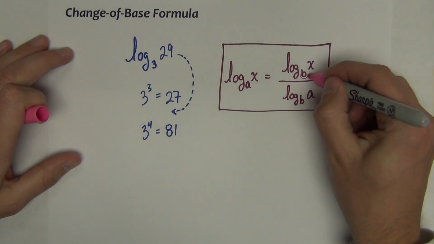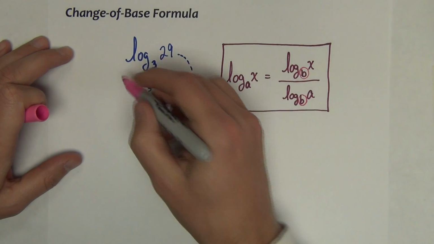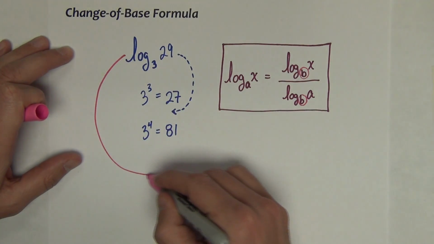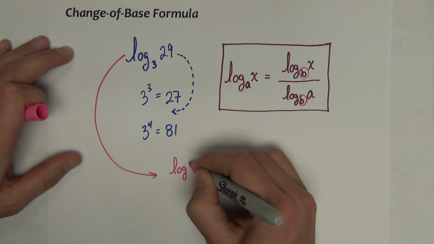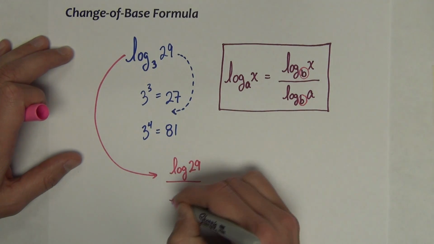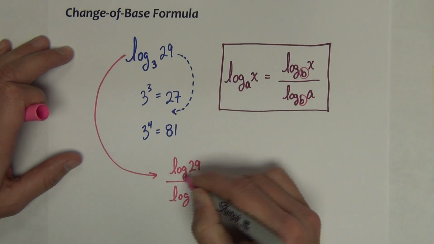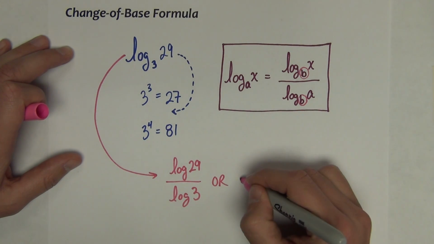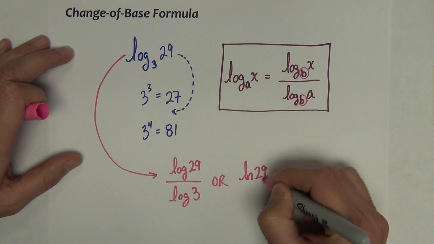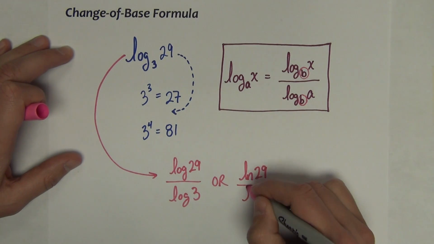So if I wanted to work this out, I would do it like this. I'm going to change that base to a common log, or I'm going to change that base to a natural log.